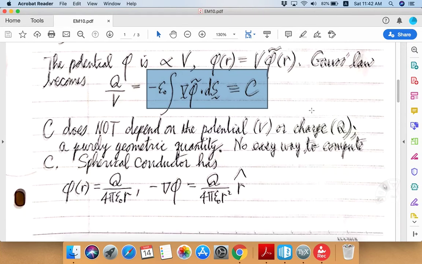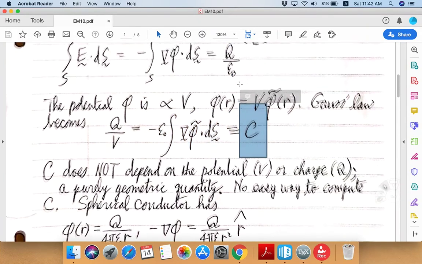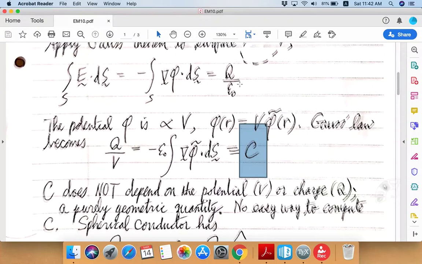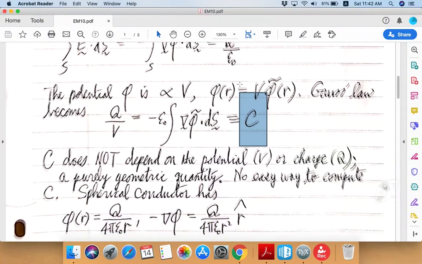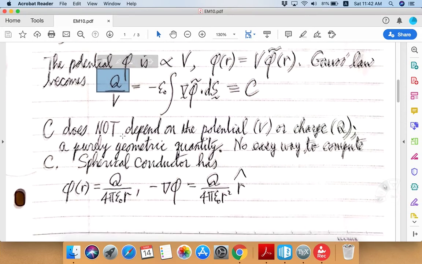The lesson is that once you know how to compute this capacitance, then under any given situation, if the conductor is held at say 1 volt, you can know exactly how much charge has accumulated on its surface.